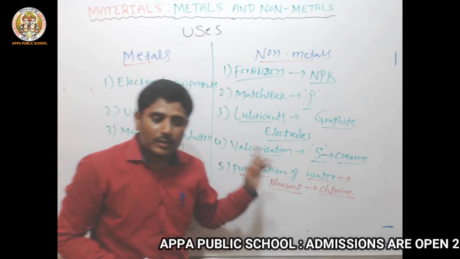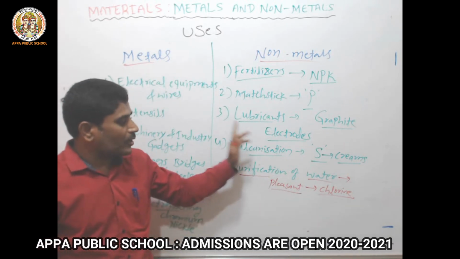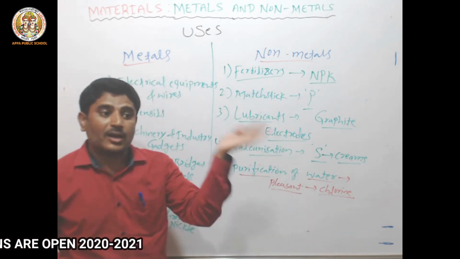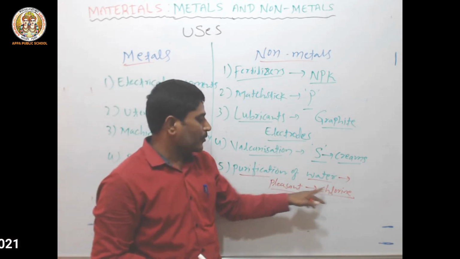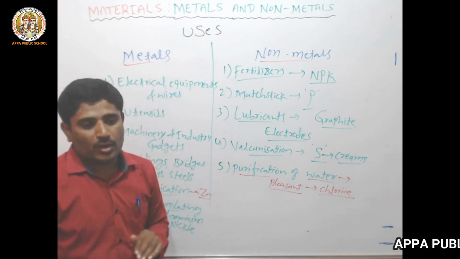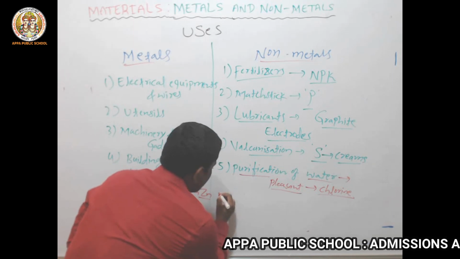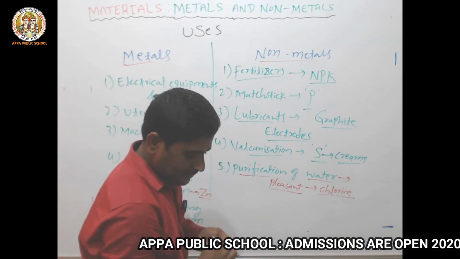Okay? To kill the disease-causing microorganisms, we are going to add bleaching powder, or we can add chlorine gas, or chlorine tablets are also available. We can add them to purify the water. Isn't it? Yes.